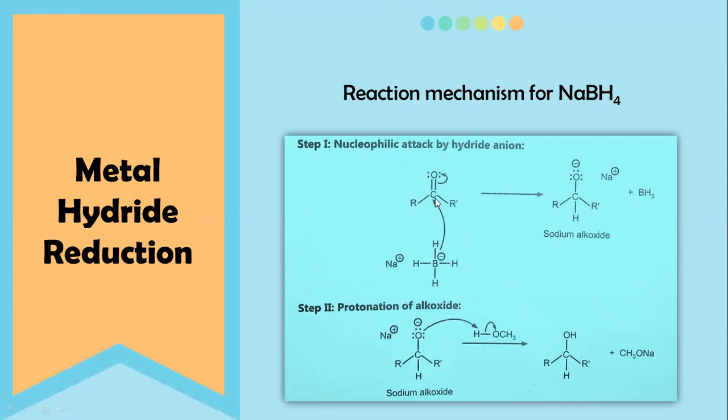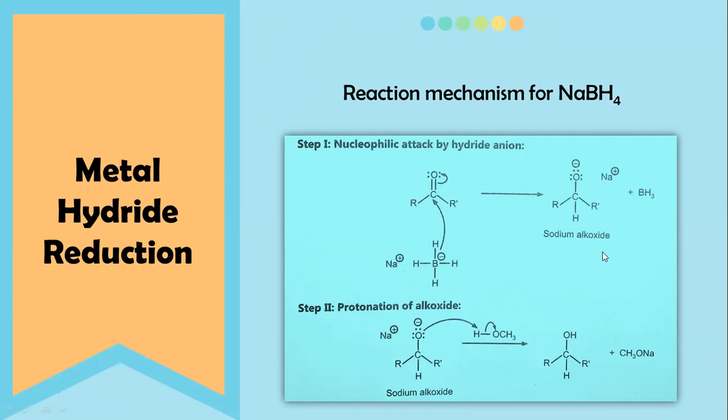When the hydride ion attacks the carbonyl carbon, the pi electrons of the double bond between carbon and oxygen go toward oxygen, and oxygen becomes more electron rich, and carbon is bonded to oxygen by a single bond. Hydrogen in the form of hydride ion is attached to the carbonyl carbon, and to the negatively charged oxygen the sodium atom is attached, thereby forming sodium alkoxide.